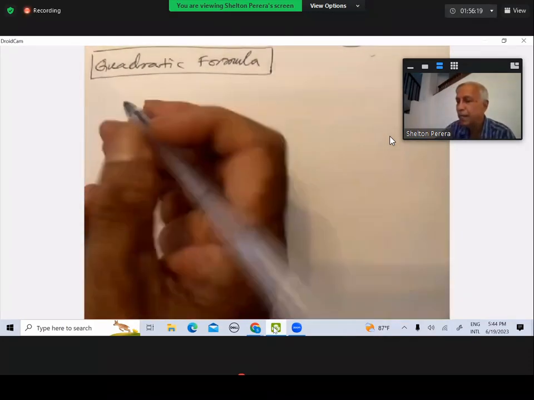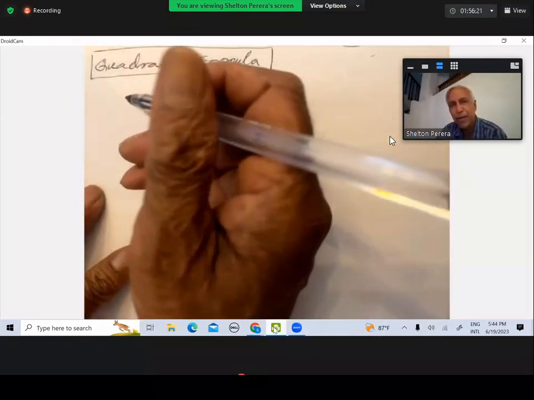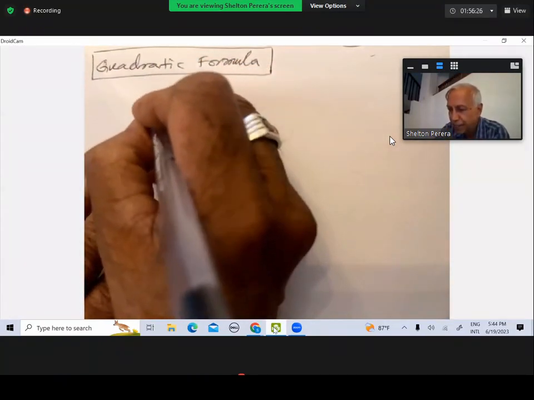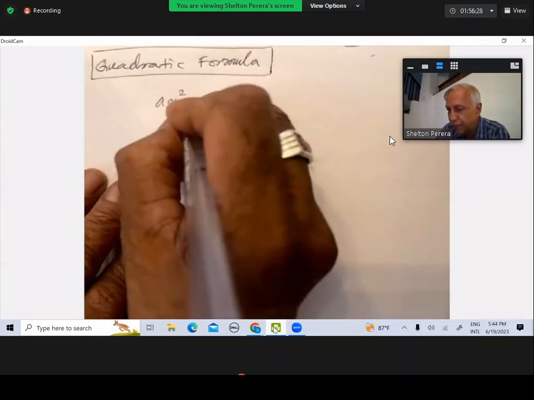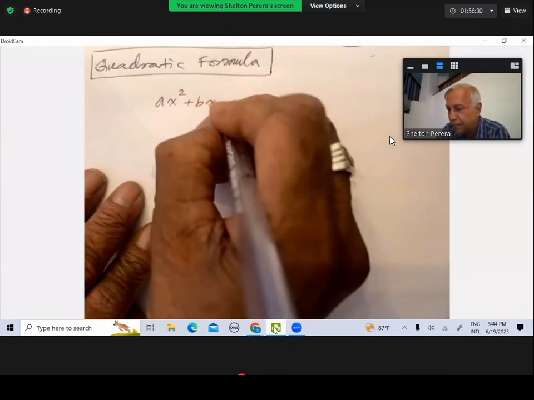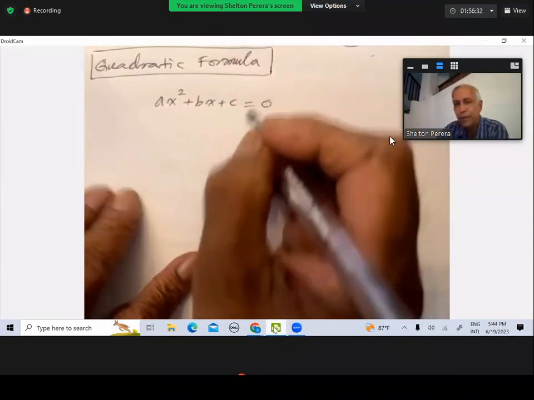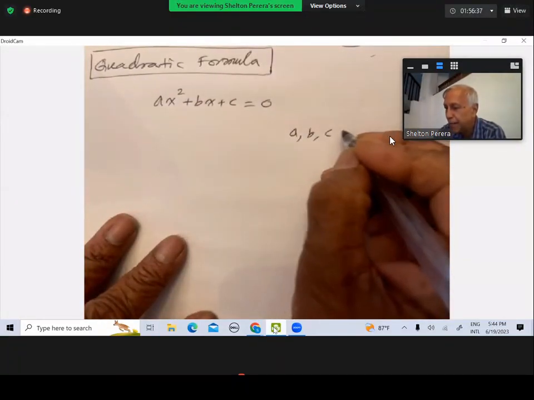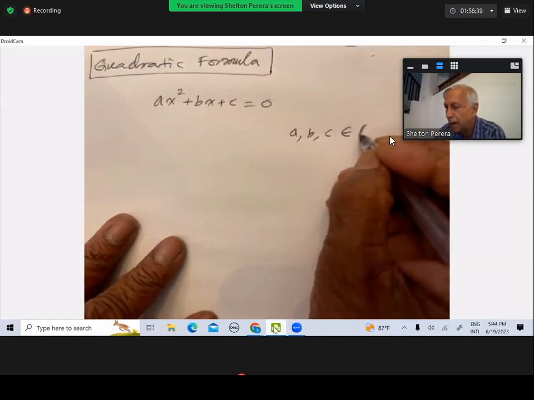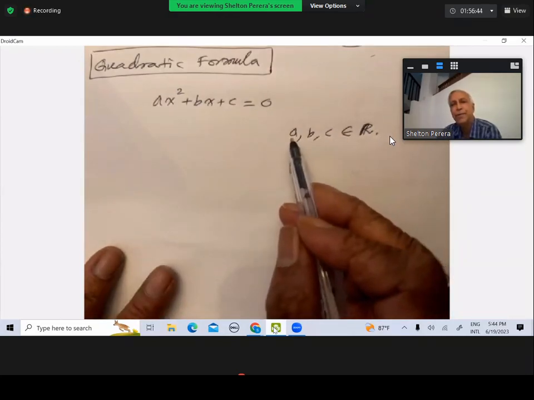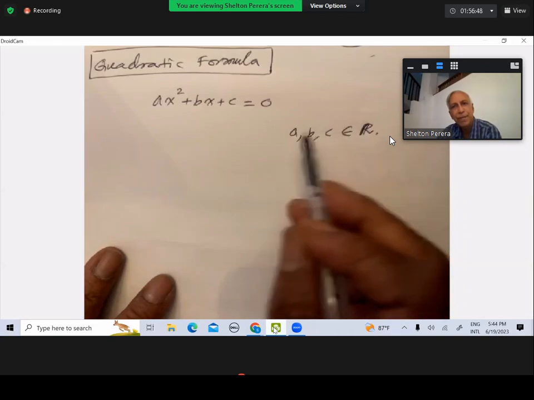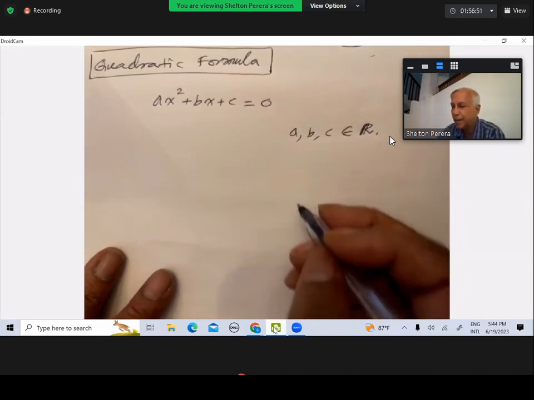Quadratic formula. Well, it's to write down solutions by looking at the coefficients. A quadratic equation is an equation of the form ax squared plus bx plus c equal to 0. The conditions are a, b, c belong to R. This is the mathematical way of saying a, b and c are in the set R, meaning a, b and c are real numbers.